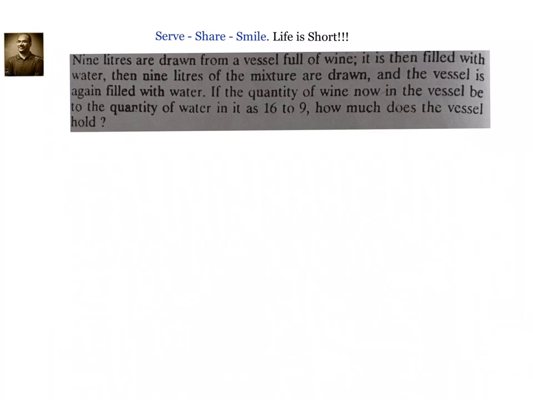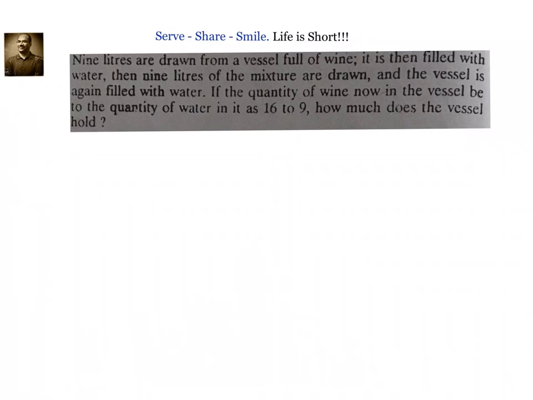Then again the 9 liters are filled with water. That means finally what we have is milk and water, and the ratio of them is 16 to 9. Then we have to find out the capacity, or the quantity of the wine in the first place.